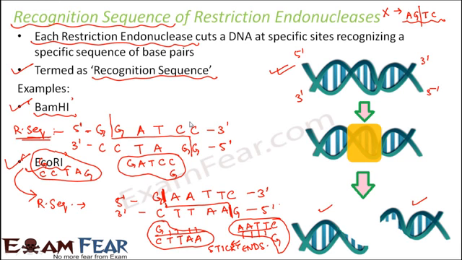After the DNA is cut, sticky ends can form or blunt ends can also form. Both the examples which I have taken show that sticky ends are formed, because wherever you have some portion that is single strand, where there are some bases present which do not have their complementary bases, they are known as sticky ends. So this is how restriction endonuclease enzymes work.